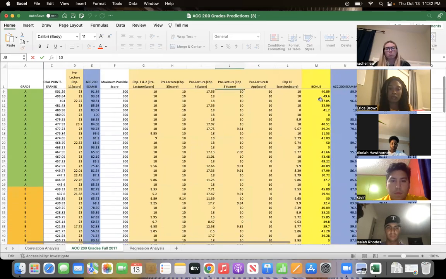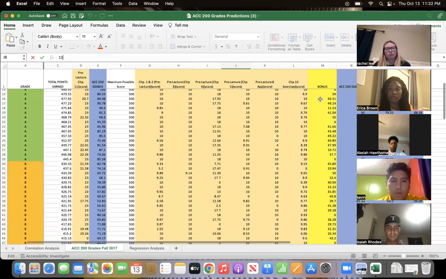When we were looking at the data, that's one thing I noticed: if you were to take this out, you're going to affect the grades that are posted. And when you run the regression analysis, there's a maximum point value that you have to have, of which is 500.